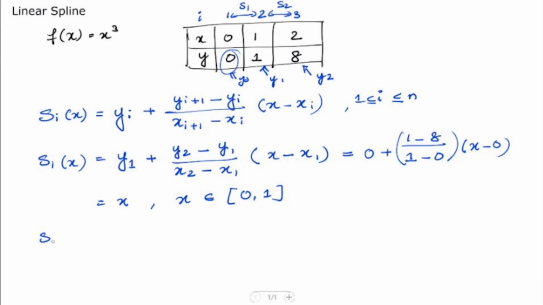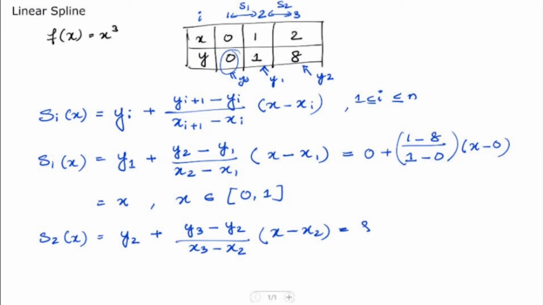Now the second spline. Our value of i is 2 now. So here you have y2 plus, 2 plus 1 is 3, so y3 minus y2 divided by x3 minus x2 times x minus x2. Okay, I made a mistake here.